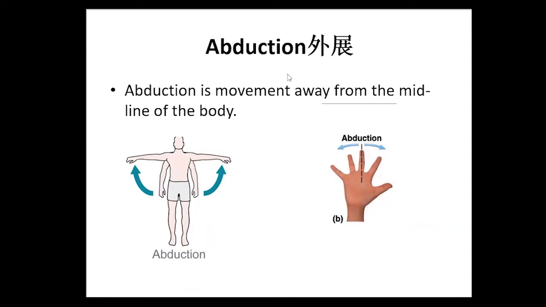Abduction means moving away from the middle line of the body. For the body, here is the middle line. You can move your arm away from the middle line, and that means abduction.